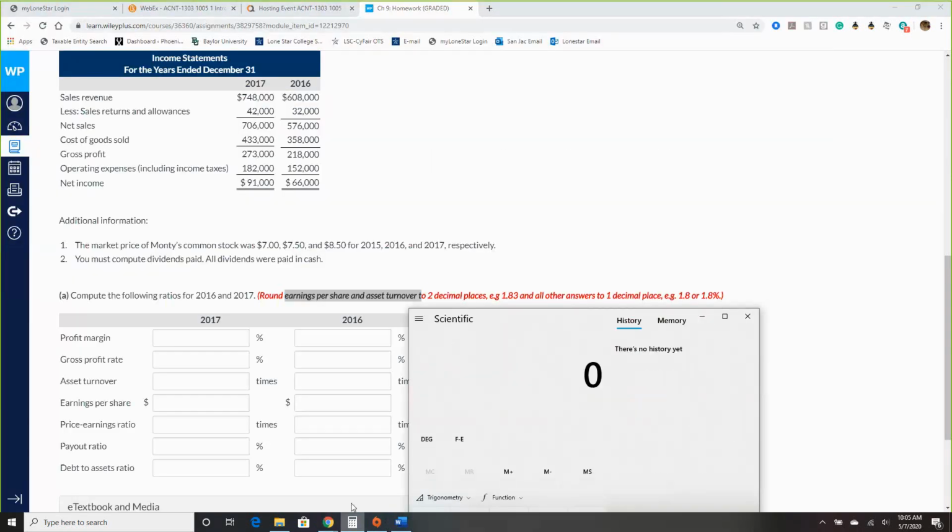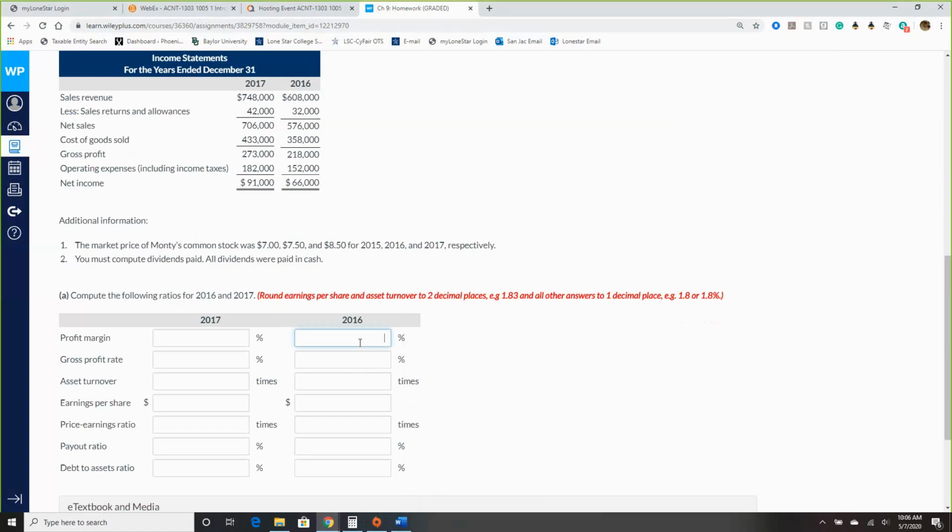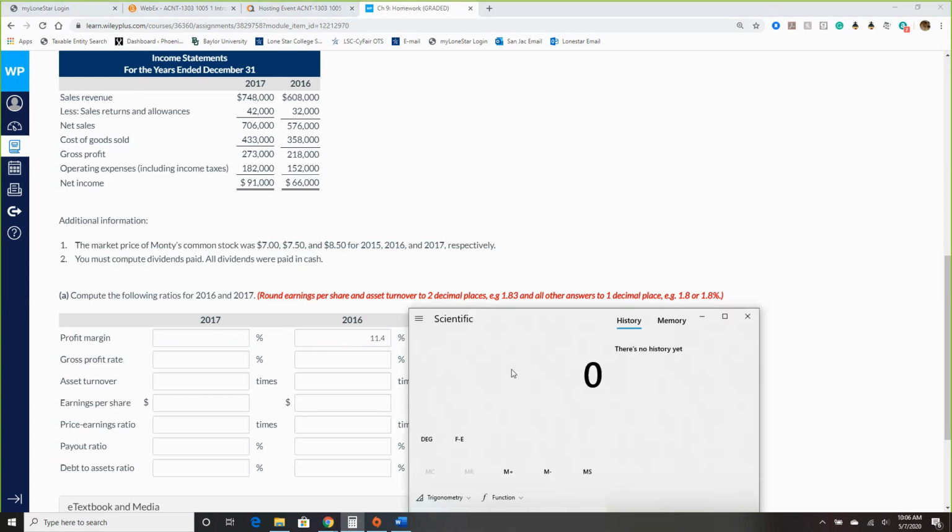So this will be 11.4 for my calculated rates itself. Okay, 2017, we have 91,000 divided by 706. Again, that's net sales, that's 12.9%.